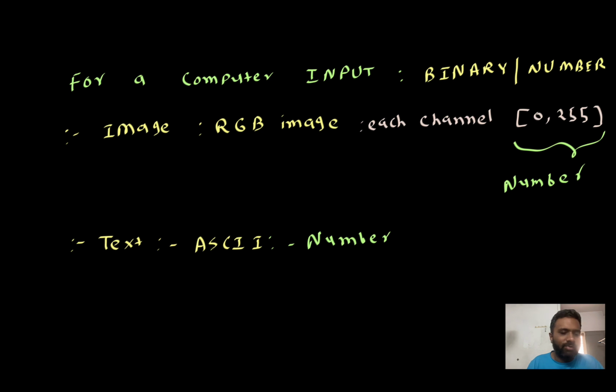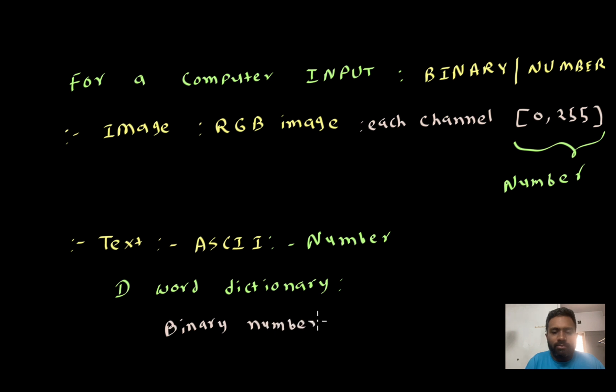So let's say if you have a D-word dictionary, then the binary vector for the ith word is all 0 except the ith position.